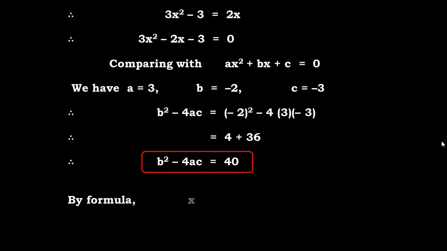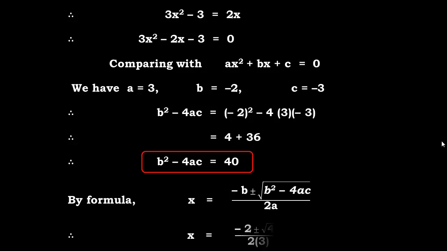Now we can use the formula x is equal to minus b plus minus root of b square minus 4ac upon 2a. So x is equal to minus 2 plus minus root 40 upon 2 into 3. This 40 we can factorize as 4 into 10.